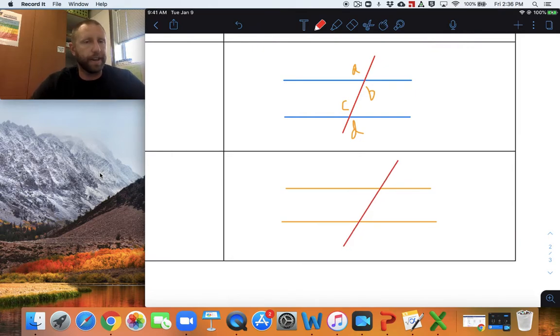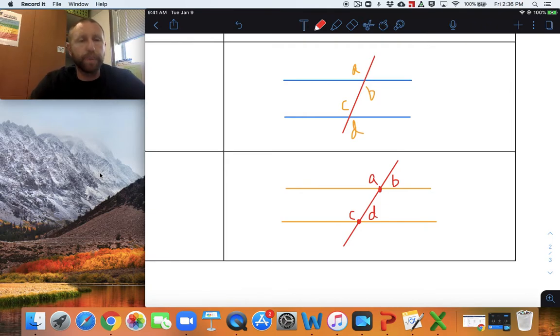Adjacent angles are just angles that share a common vertex and a common side. So here's a point, here's a point. Let's say that this is angle A and this is angle B. And let's say that this is angle C and angle D down here.